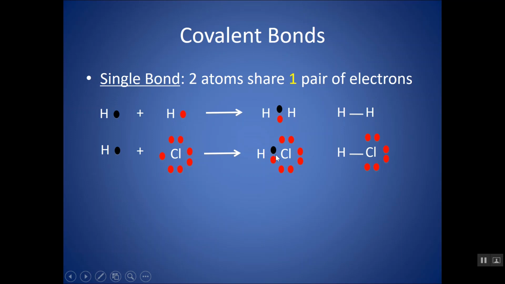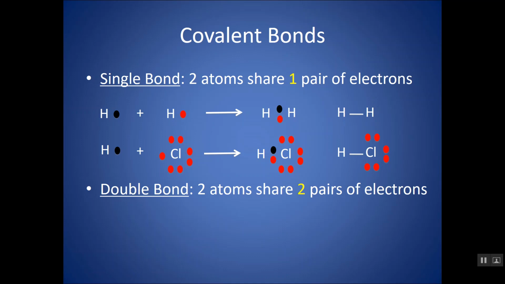Okay, and I could show this shared pair as a line instead. And notice I still draw the unshared electrons as dots. So this chlorine, I can say it has 1, 2, 3, 4, 5, 6, 7, 8 valence electrons around it, obeying the octet rule. So this line represents 2 electrons.